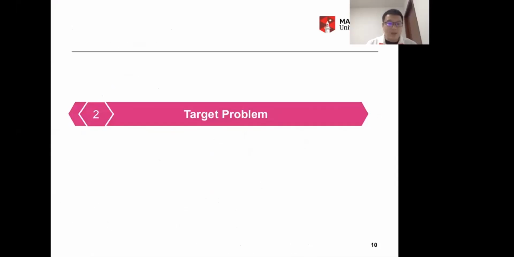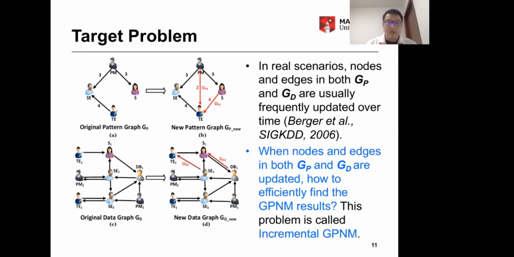Next, I will introduce our target problem. In real life, both edges and nodes in pattern graph and data graph are usually frequently updated over time. For example, when developing another software, the project manager also needs to be associated with test engineer, and secretary also needs to be associated with test engineer within 4 steps.